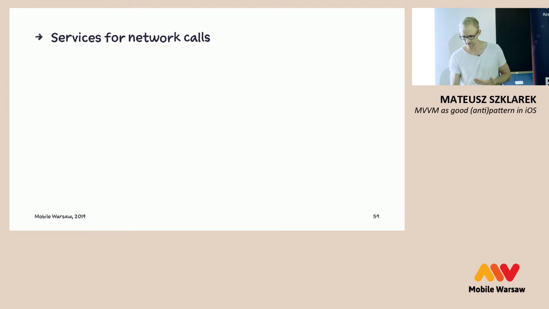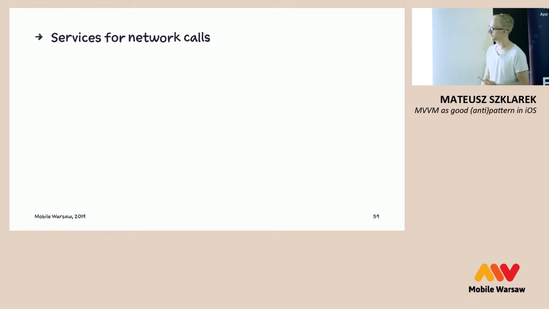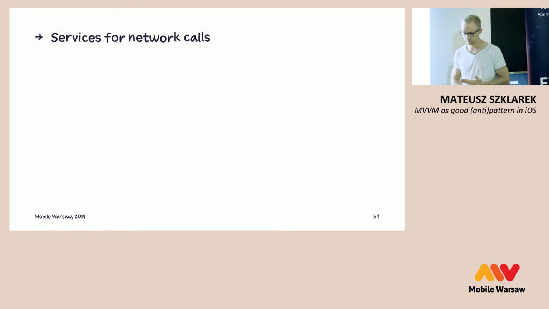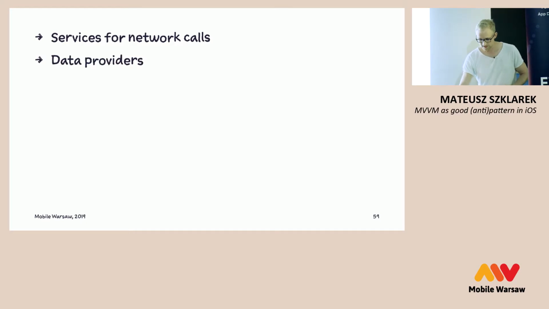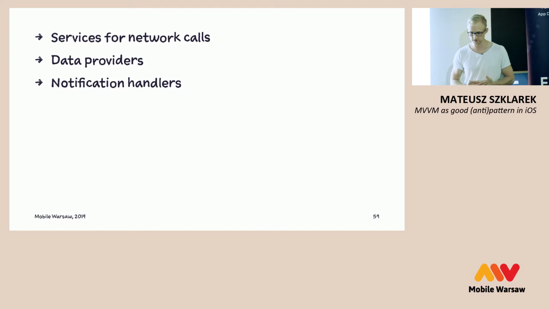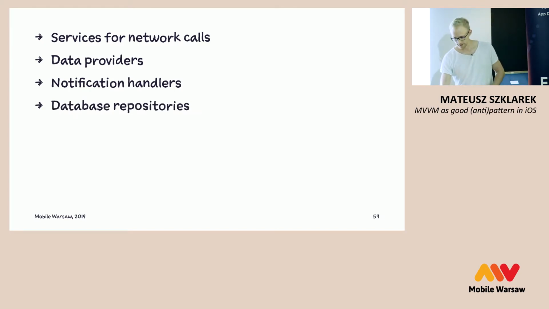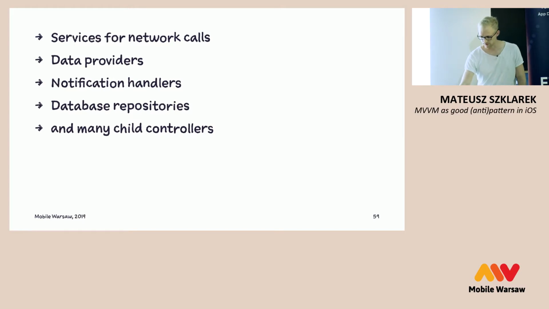We can easily split our viewModel into separate classes to be consistent with the SRP rule. Some services for network calls, data providers which transform API responses to be easily readable by the view, notification handlers for managing different types of data, database repositories for storing objects, and many child controllers.